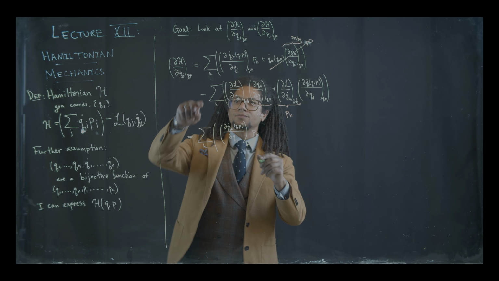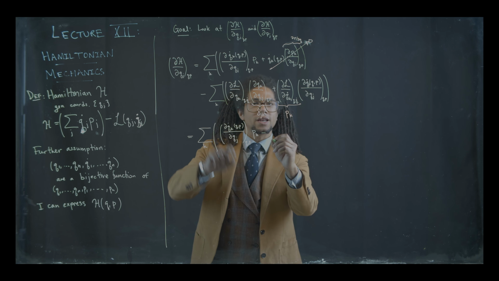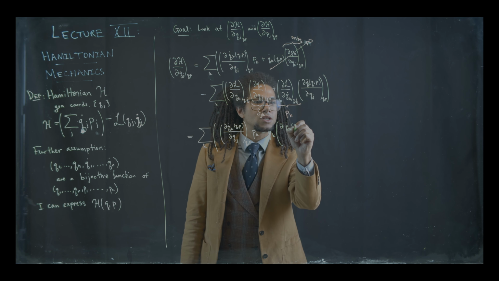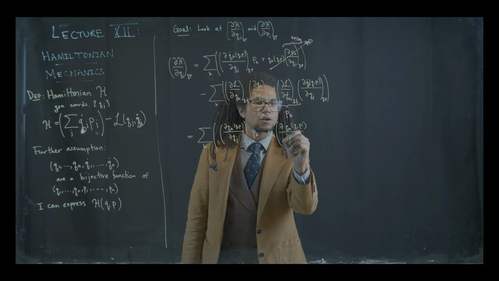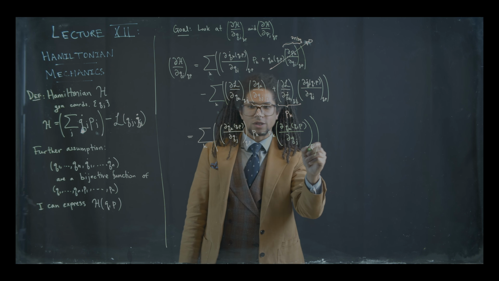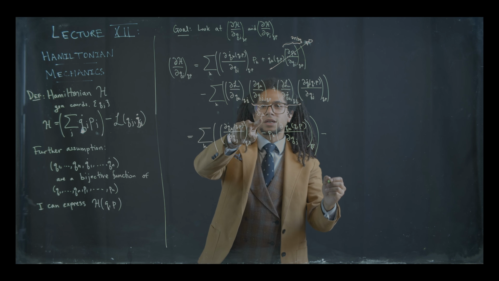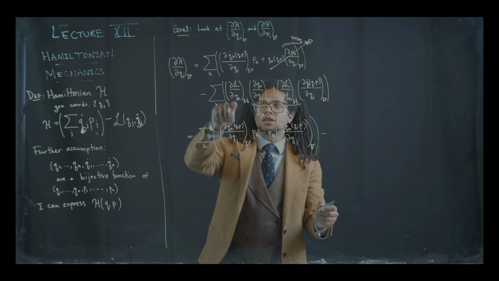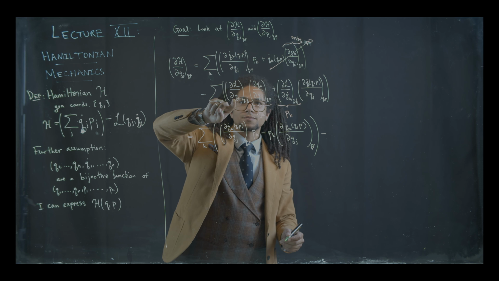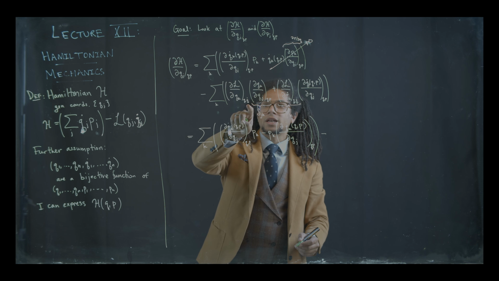Then this minus sign distributes here. So I have minus pk times dqk dot over dqj, fixing q and p. And then outside of this sum, I have minus delta jk, and then the derivative of the Lagrangian with respect to qk, while fixing q and q dot.